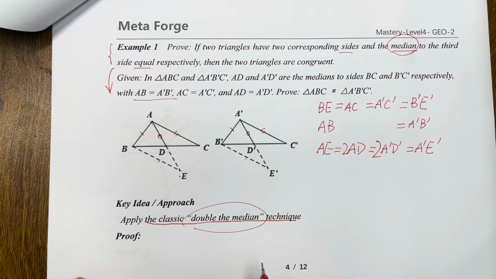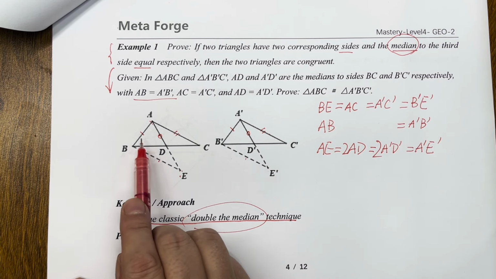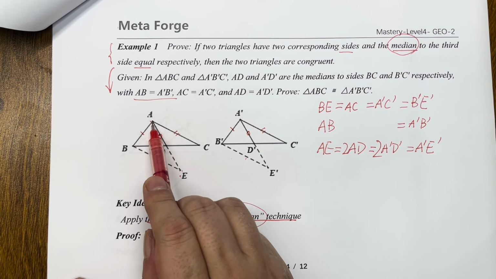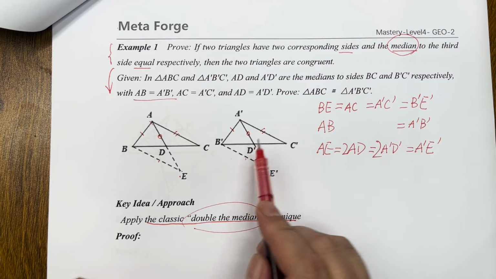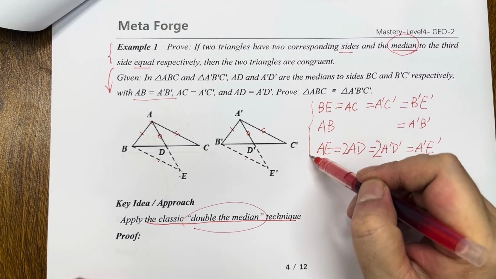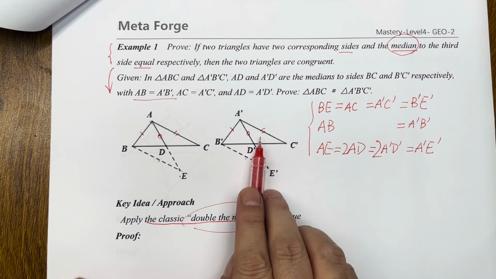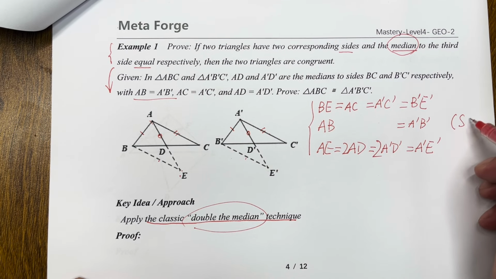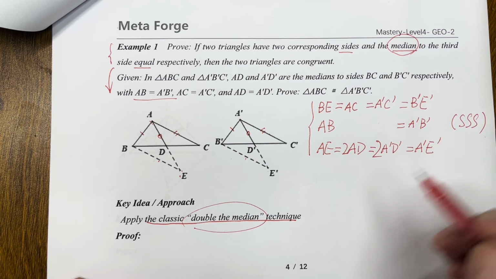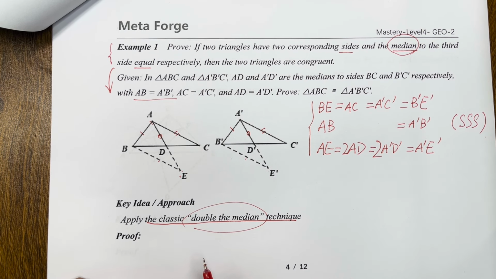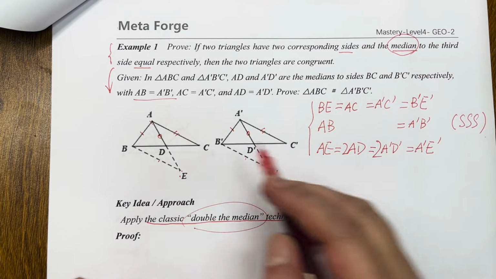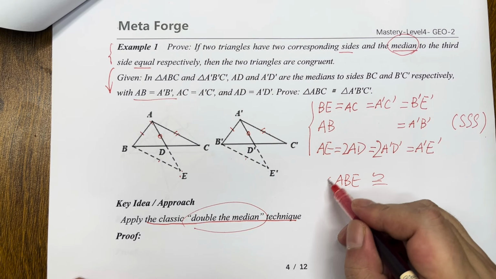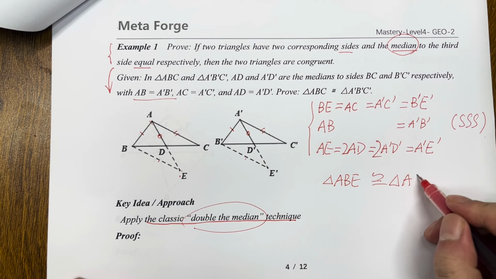So from the original given conditions, this equals this, this equals this, AD equals A prime D prime. We construct SSS: congruent triangles ABE and A prime B prime E prime.